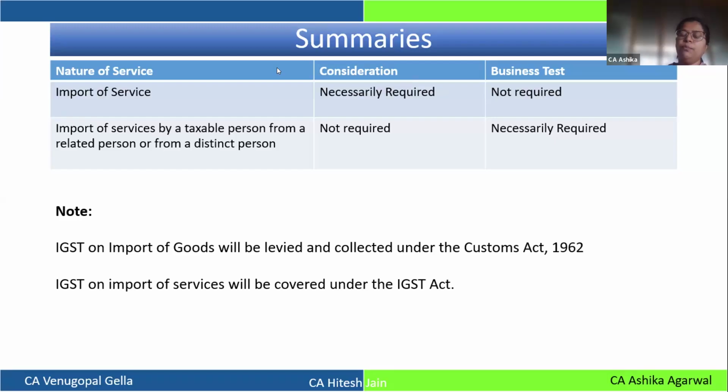Now over here, for import of service, the major thing to be checked is that my provider should be located outside India and, as a receiver, I should be in India. But this too will not serve the purpose alone.